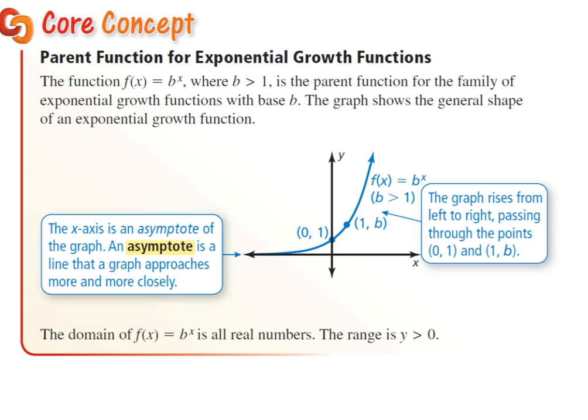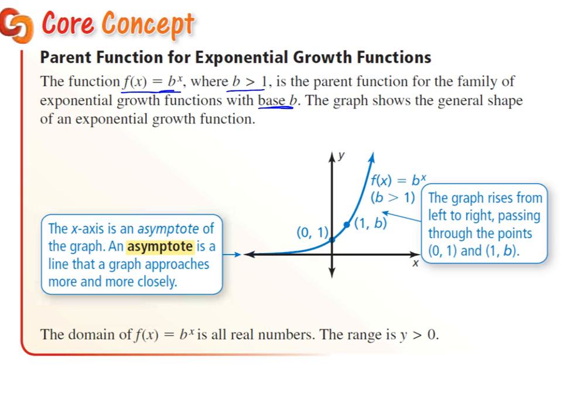The function f of x equals b to the x, where b is greater than 1, is the parent function for a family of exponential growth functions with base b. So the base is whatever b is. This graph shows the general shape of an exponential growth function.